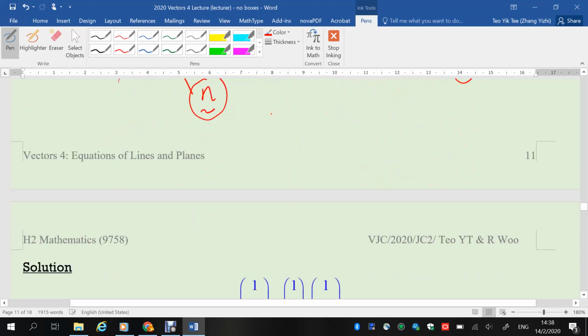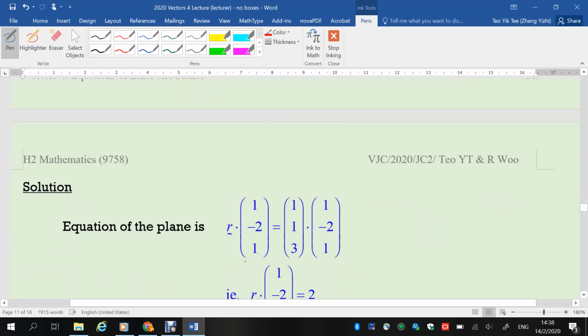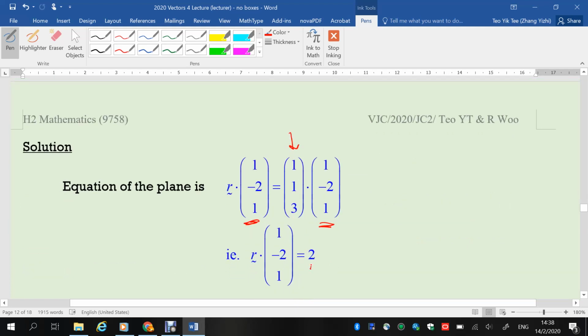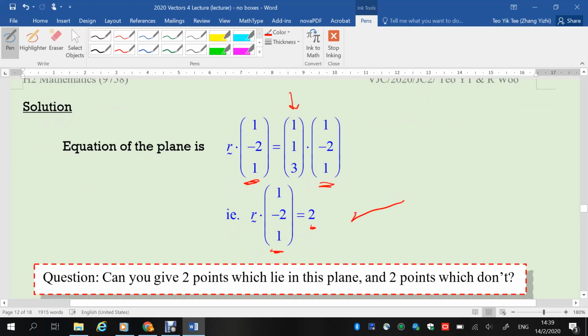So fitting everything in, I have R dot n equals to A dot n. Right hand side, activate my dot product, I actually get 2. This point, which is your normal vector, stays as it is. And this is your numerical form for your equation of the plane in the scalar product form.